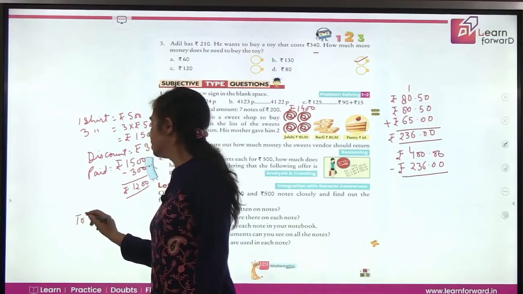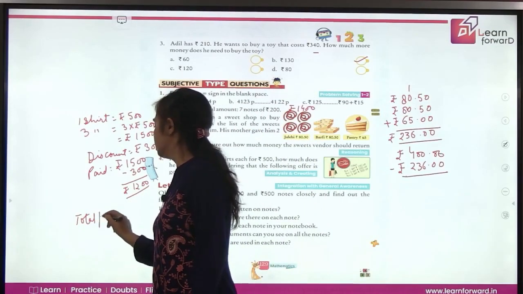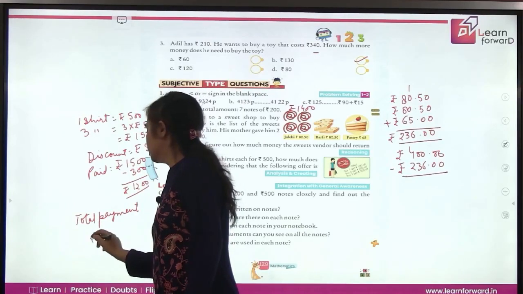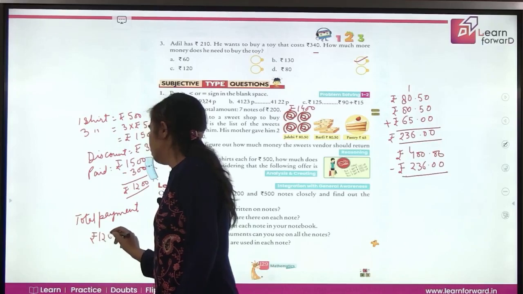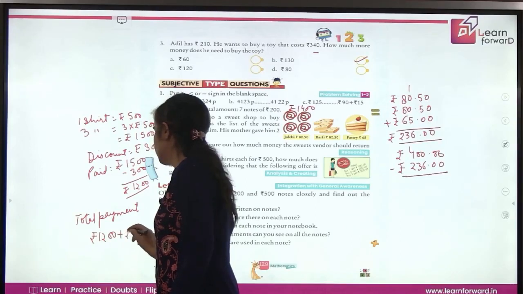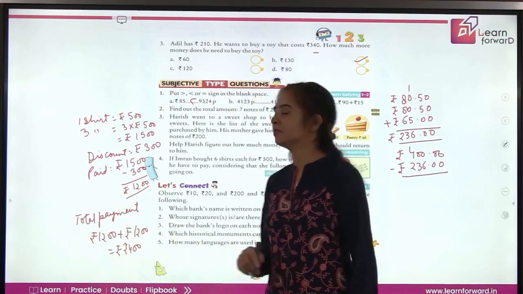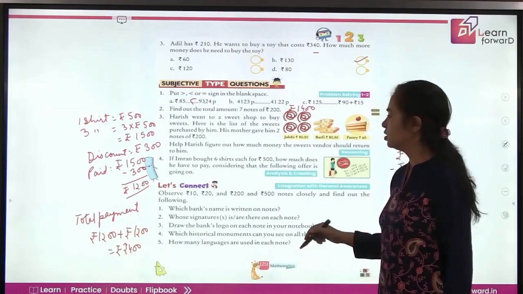So what is the total payment? For 3 shirts 1200, for another 3 shirts 1200. That means he paid rupees 2400 in all and got a good discount. Let's move to the next now.